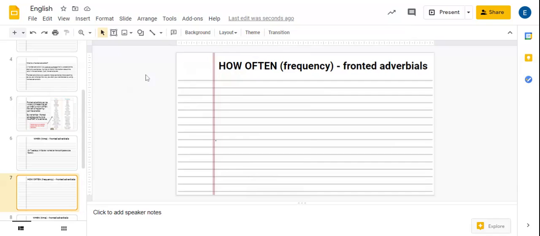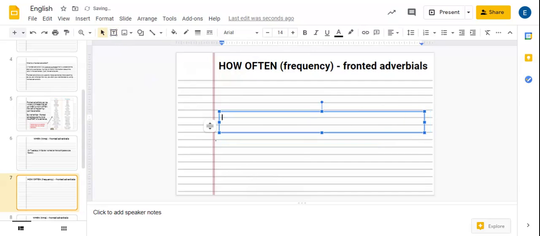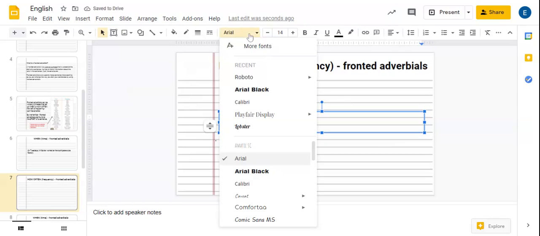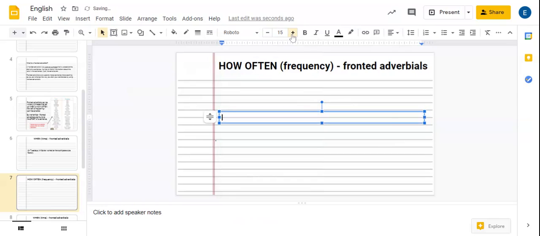So we're going to think of a how often sentence now that has a fronted adverbial at the start. I'll make that bigger again to make sure everyone can see. Okay. So this time I think I'm going to use the fronted adverbial occasionally because that tells us how often. But it's not very often. Occasionally.